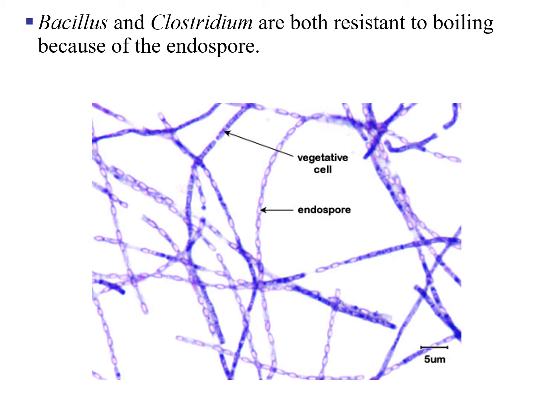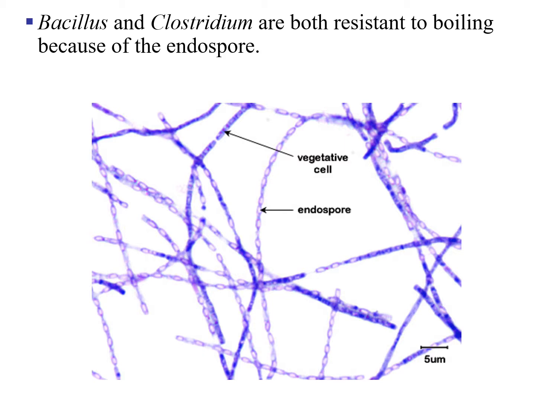Bacillus and Clostridium are both resistant to boiling because of their endospore. An endospore is sort of like an egg. The bacteria can produce a dormant cell, and this dormant cell is an endospore. If it's too hot, if you're boiling it, it just stays protected in the endospore.